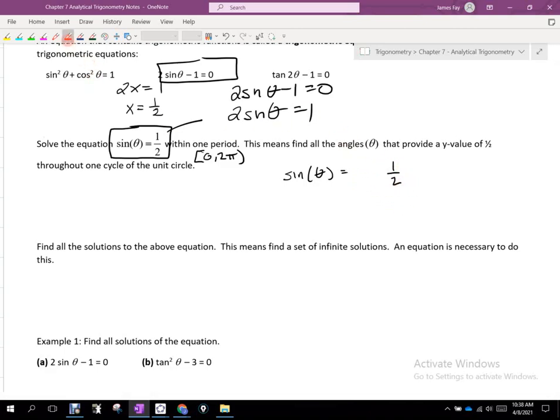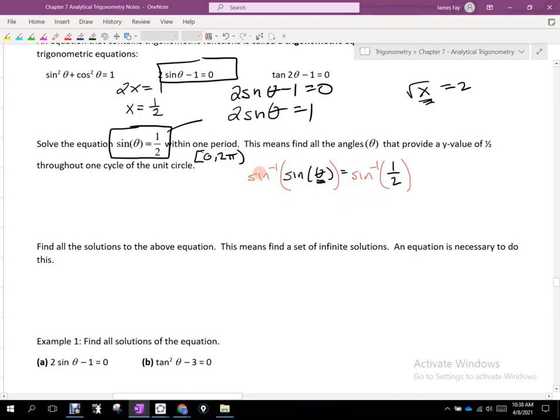So how do I get this theta out of those parentheses, out of that argument? Sine inverse. Much like when I would have solved radical x equals 2, the only way I can get that x out is to use the inverse of the root, right? So I'm going to use the inverse of the sine function here. And this is why those previous questions that we did at the beginning and previously through chapter 6 are important.